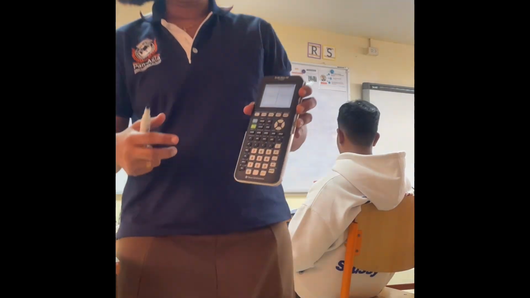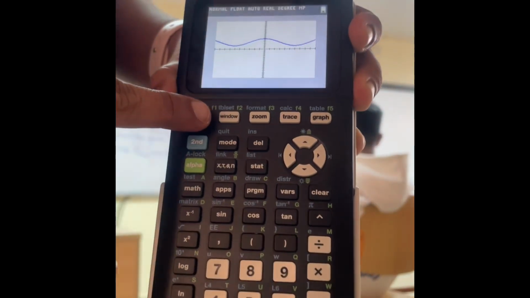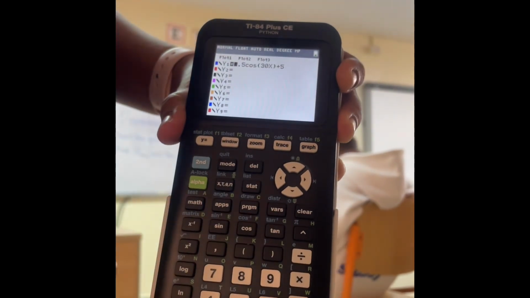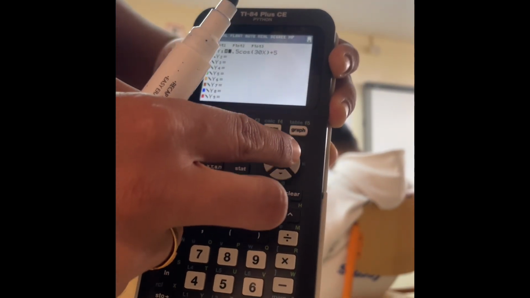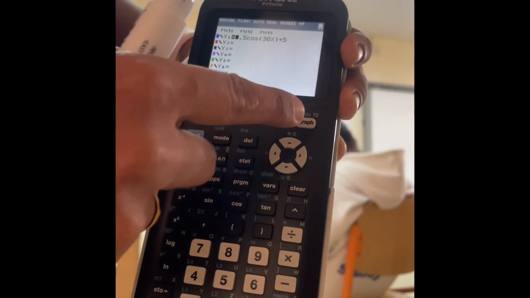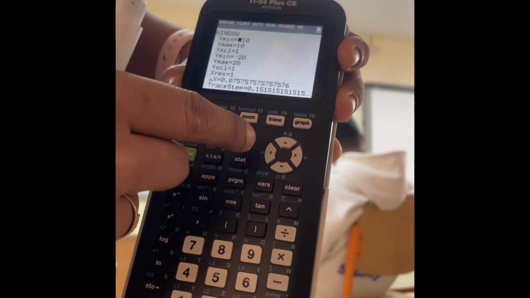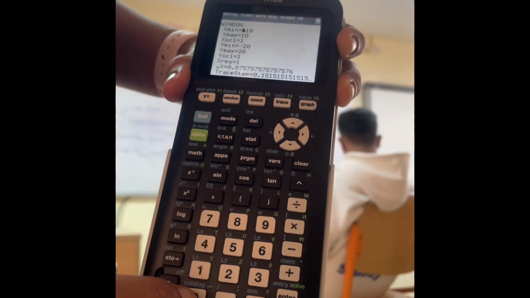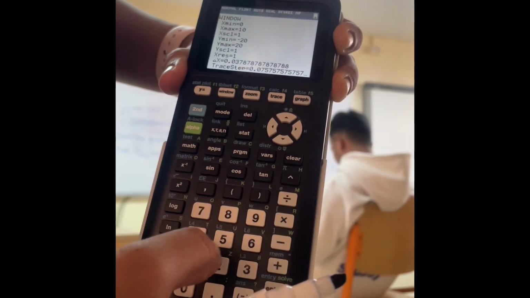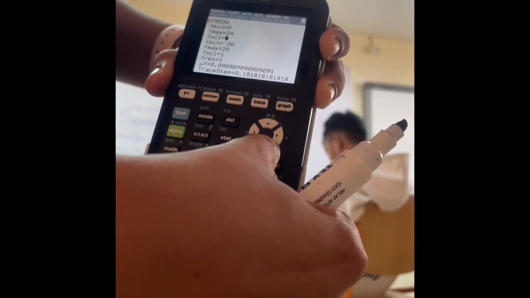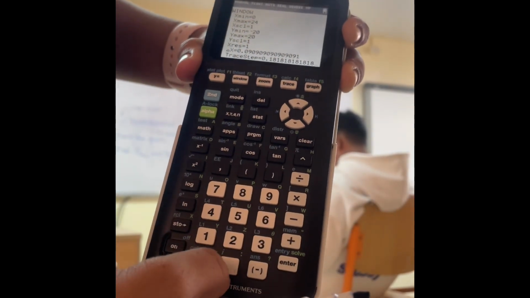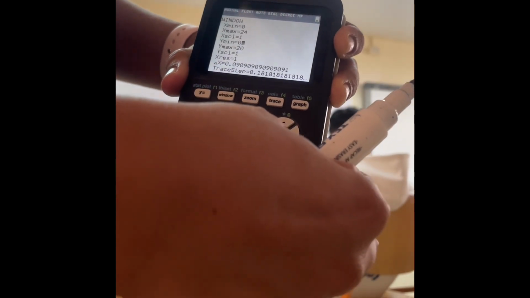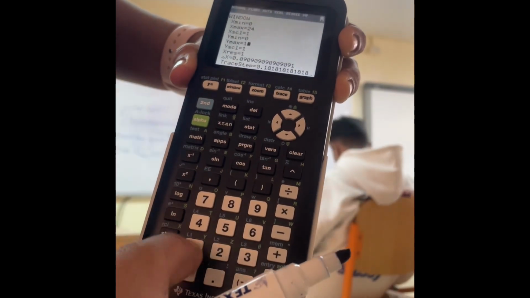So in this, everyone please note y equal to, we have to substitute 2.5 cos 30x plus 5. Okay. And in the window, you have to adjust 0 to 24 and the negative value, the maximum value, it's already given 10.